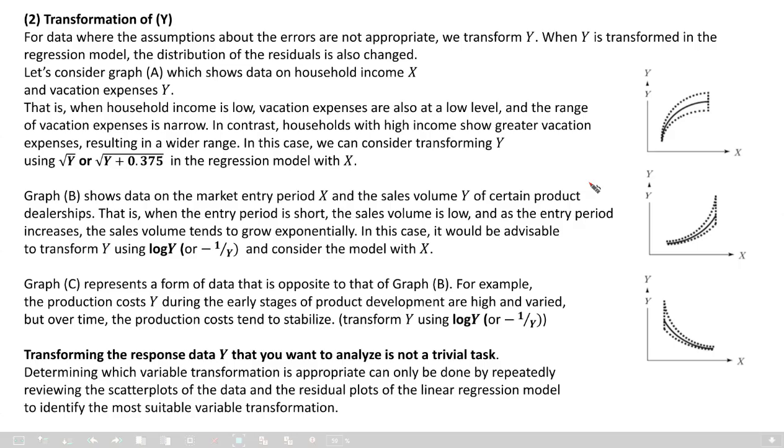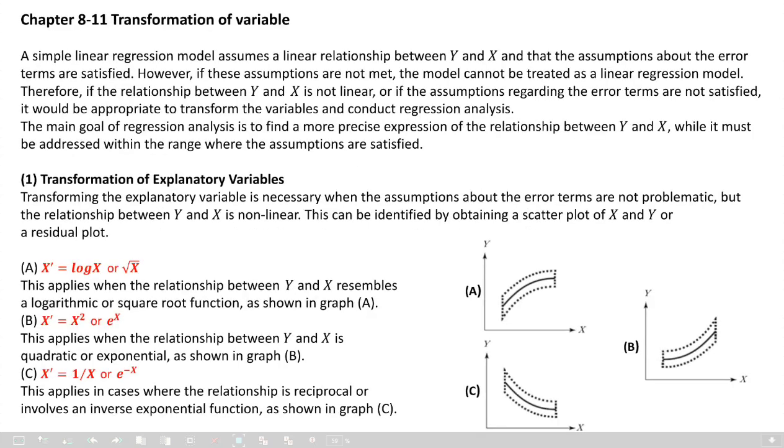Transformation of y. For data where the assumption about the error is not appropriate, we transform y, or the relation between x and y is not linear, then we need to transform y or x. Let's see here. Last time, the relation between x and y is non-linear, like this, or like that, or this.